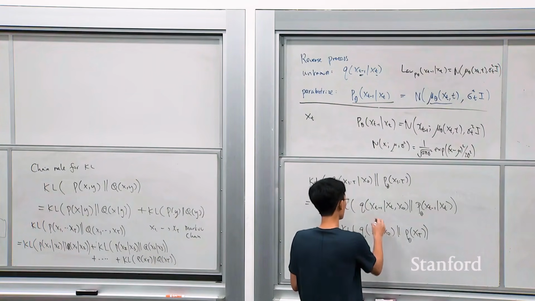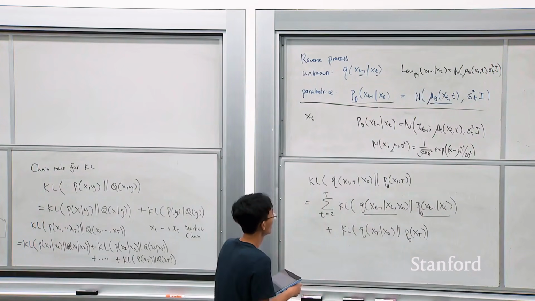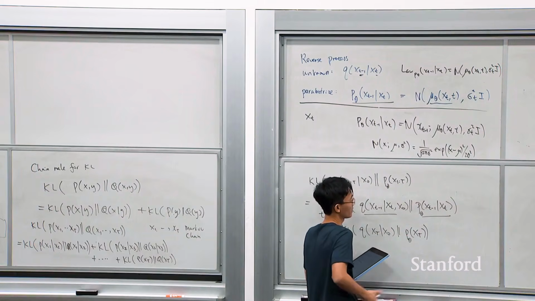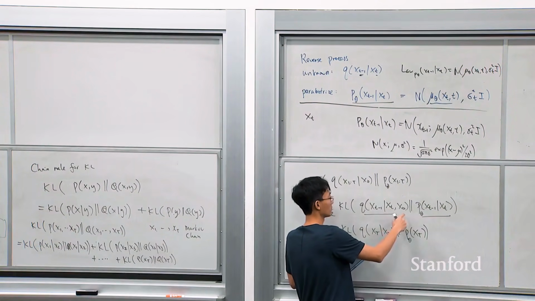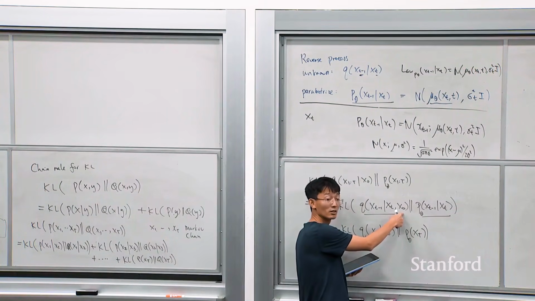And if you really try to interpret this, you can see that this is kind of like the reconstruction. It's actually kind of interesting: you are trying to make the one-step reconstruction be the same as the reconstruction of Q, but conditioned on x0.